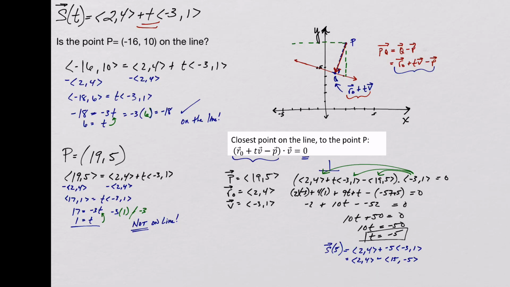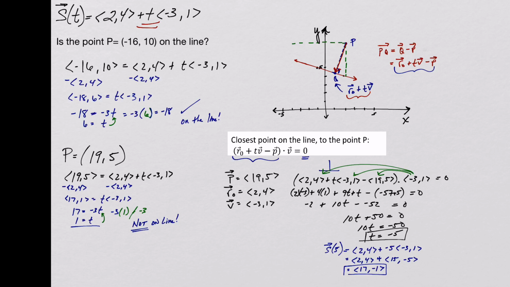And actually, because I carried this negative, it should say plus 15 and then minus 5. And so we simplify down, we get this point 17 and -1. And so this right here is the closest point on the line to the point P.